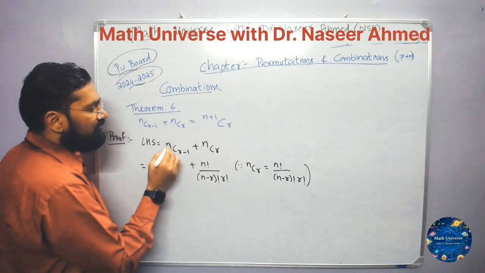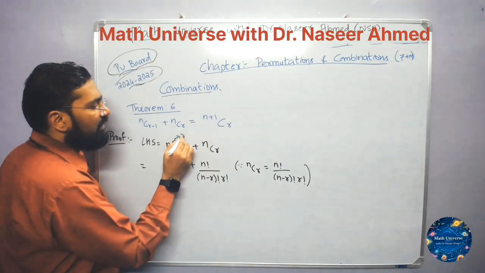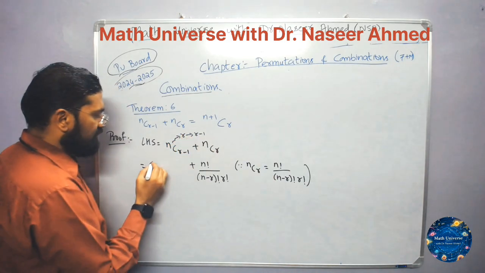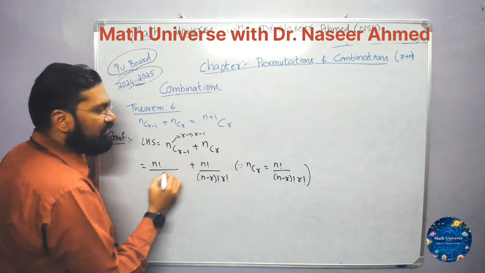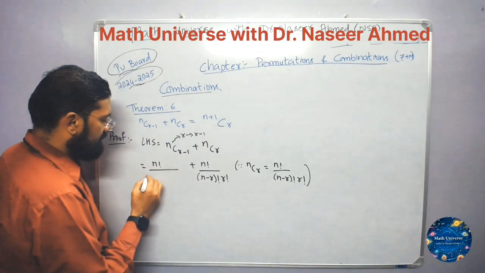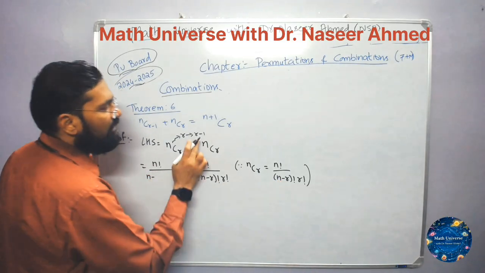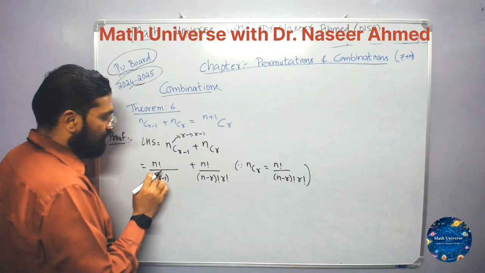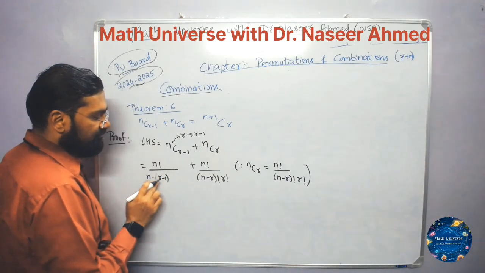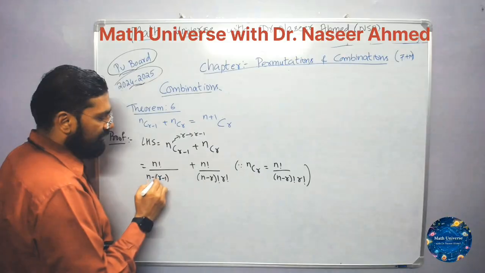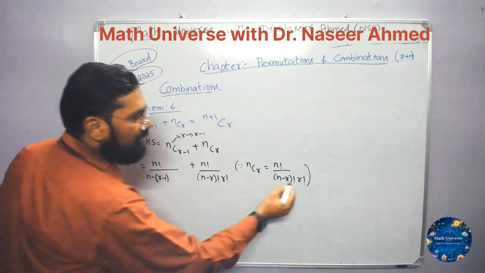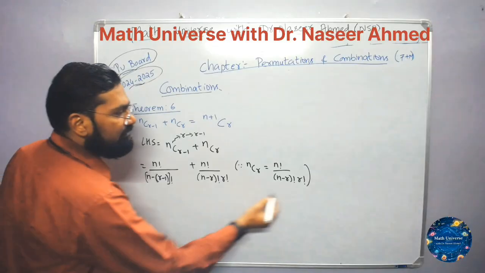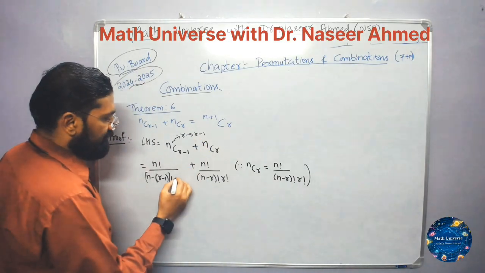So wherever we have r, we replace it by r minus 1. So n factorial as it is, divided by n minus, in place of r, r minus 1. Again the bracket is mandatory. If you don't give a bracket, it means minus only for r but not for minus 1. So the bracket is mandatory. Then the whole bracket factorial, then in place of r it is r minus 1 factorial.